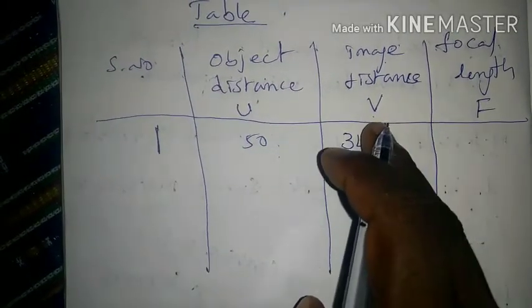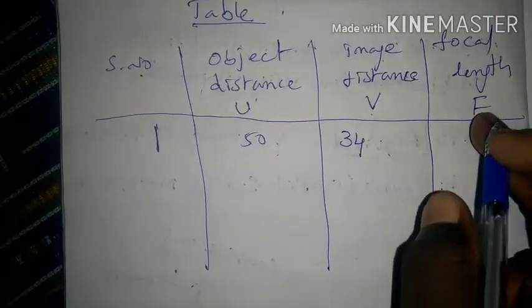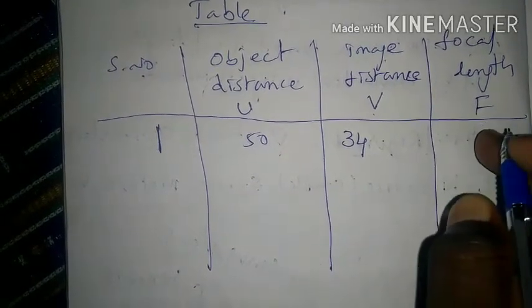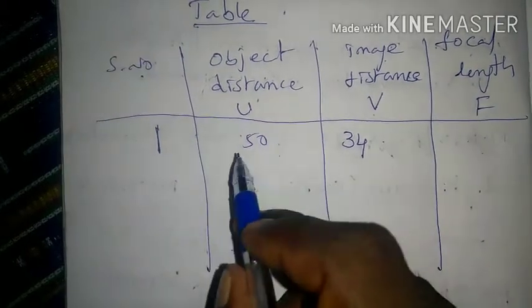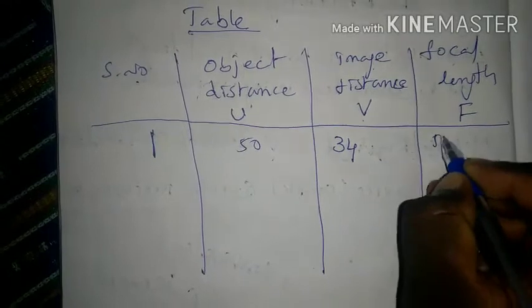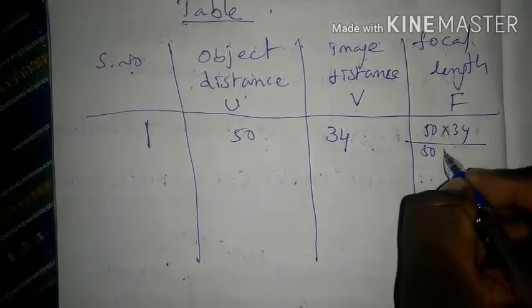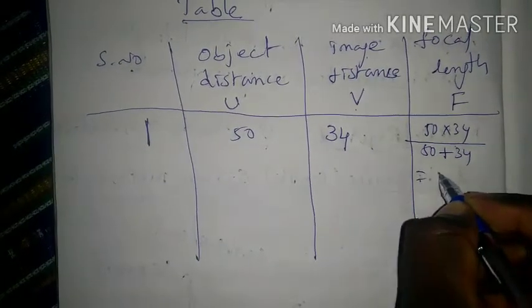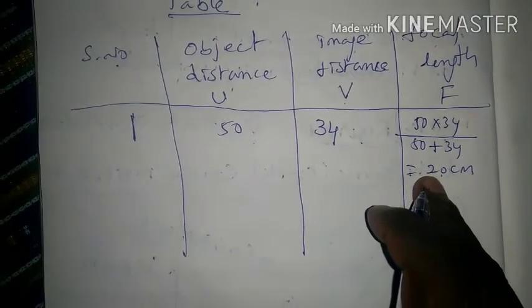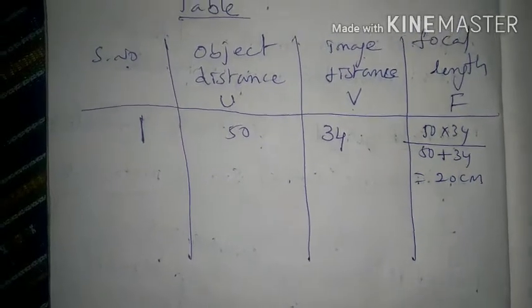Okay, this focal length: 1 by F is equal to 1 by V plus 1 by U. Using this formula, 50 into 34 by 50 plus 34, exactly value 20 centimeters. This focal length value is 20 centimeters.